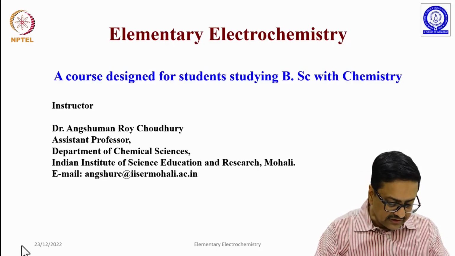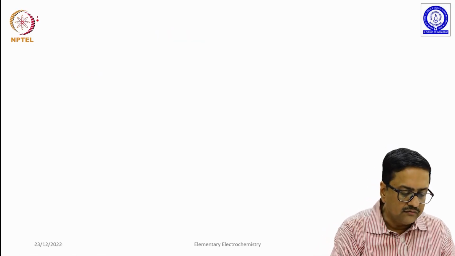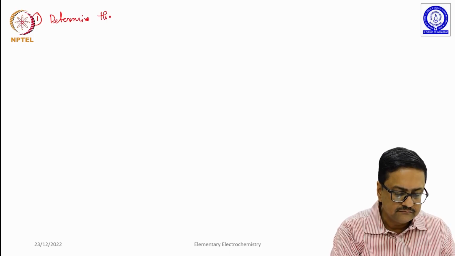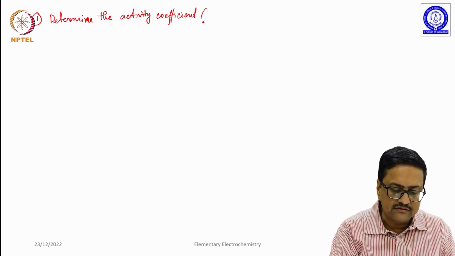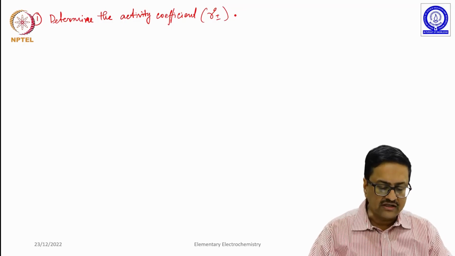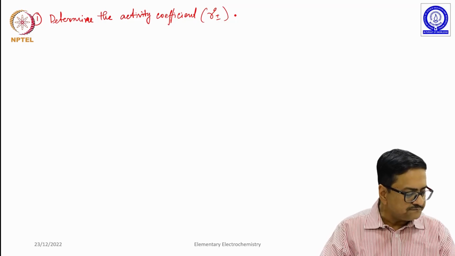At the beginning, we discussed how one can determine the activity coefficient, that is the gamma plus minus of a particular ion undergoing a reaction in an electrochemical cell.